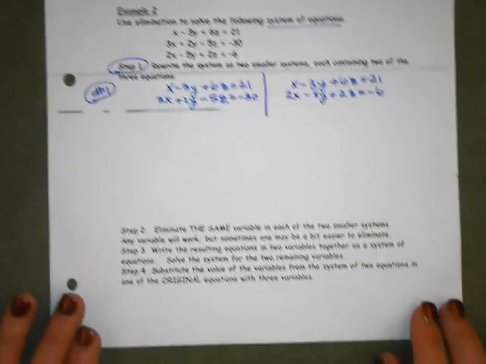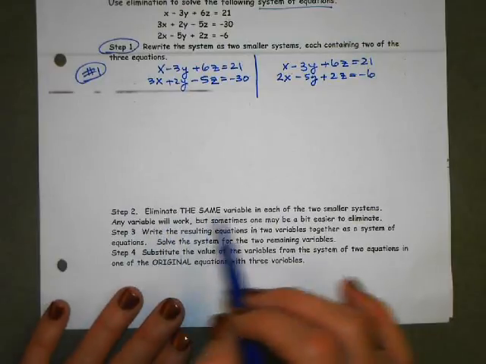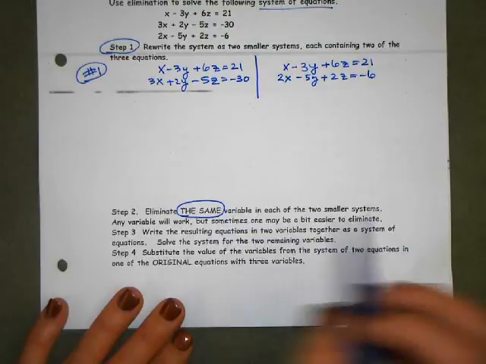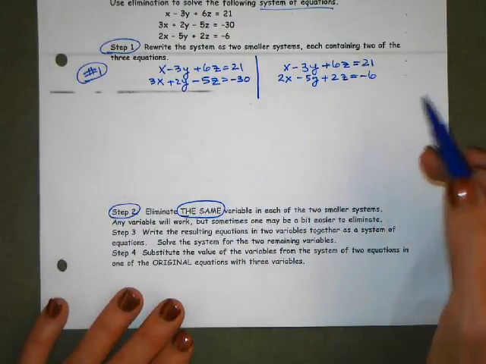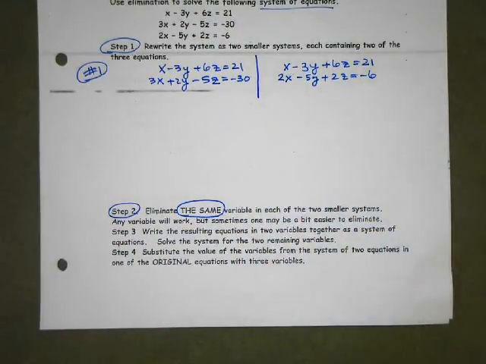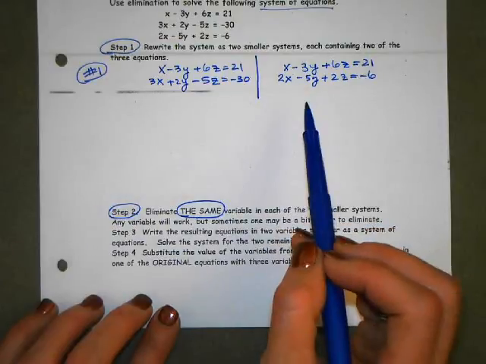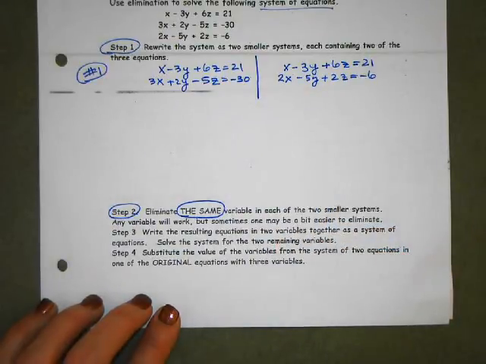Okay? So then we go down to number two, and number two says you want to eliminate the same variable in each of the two smaller systems. Okay? Well, we have three variables now, and we want to get down to two variables. So you decide which variable you want to get rid of. So you look to see what seems the most simple on both sides, and that's the one you want to get rid of on both sides.